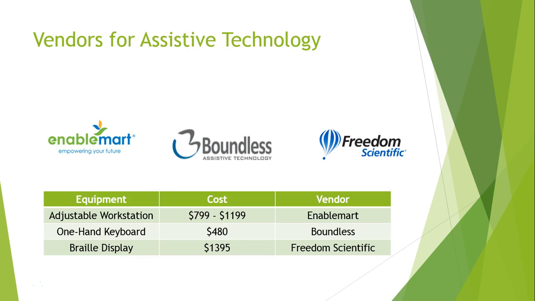And so those are some things that I would recommend that you consider utilizing in your computer lab. That way you'll have assistive technology for a wide range of individuals.